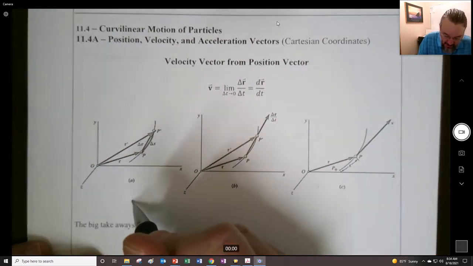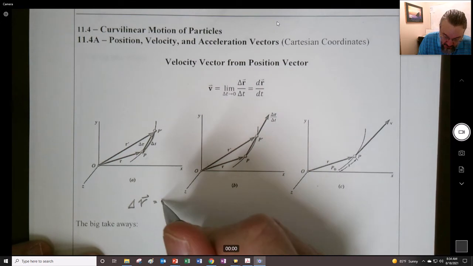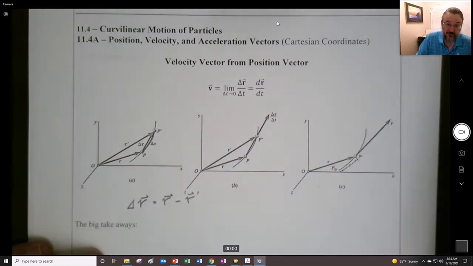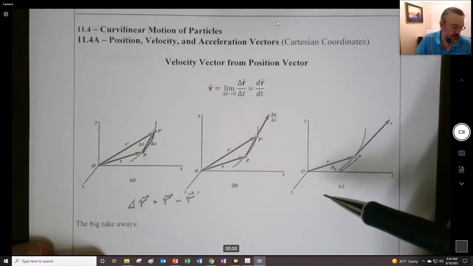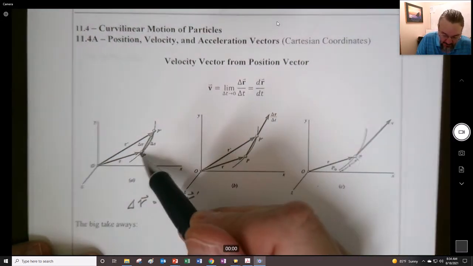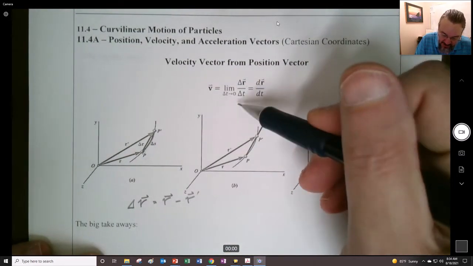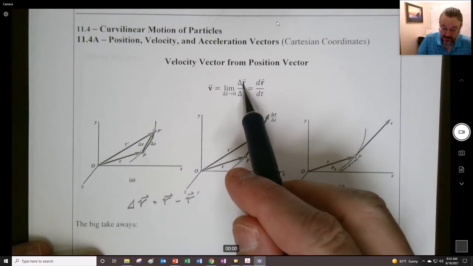So we could say that delta r is equal to r minus r prime. That's the vector triangle that we're looking at right here. If we take that time between them, we could say that it's delta r over delta t, and you're noticing that it's still a vector.